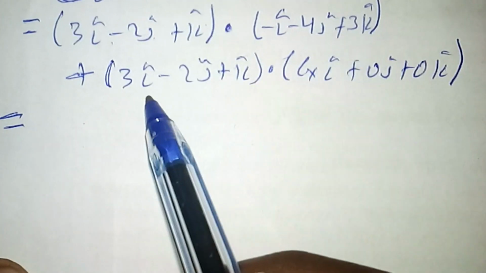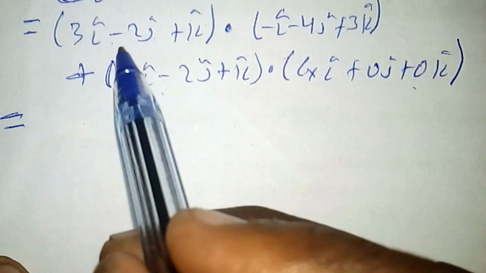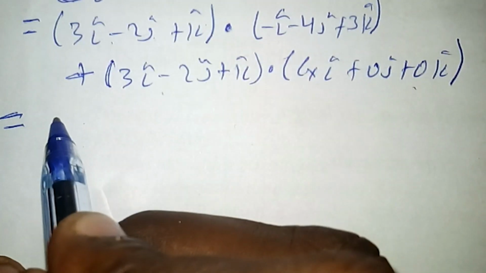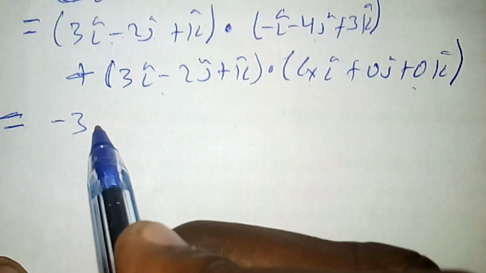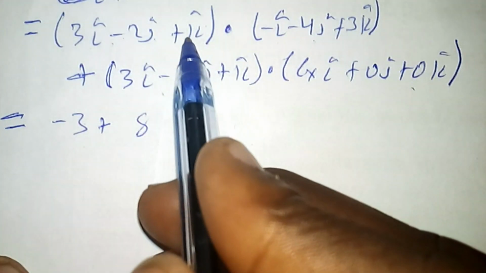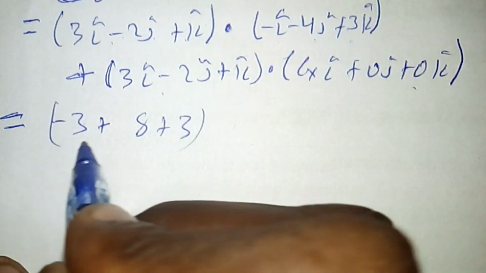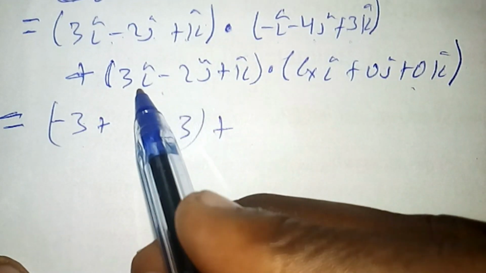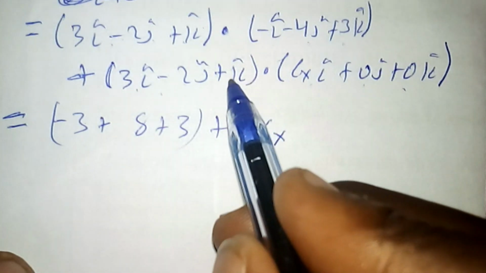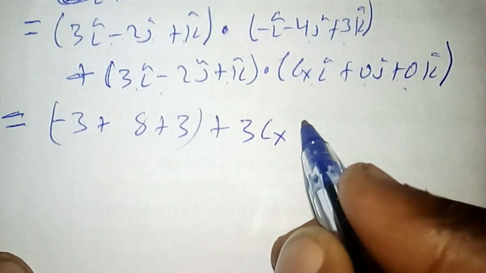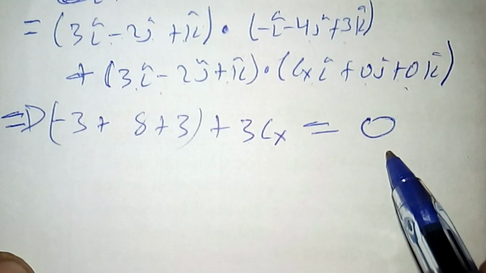Vector A dot B plus vector A dot C: 3 times minus 1 is minus 3, and minus 2 times minus 4 is plus 8, and 1 times 3 is plus 3. A dot C is 3 times Cx is 3Cx, and 2 times 0 is 0, and 1 times 0 is 0, and this value must be equal to 0 according to the given equation.